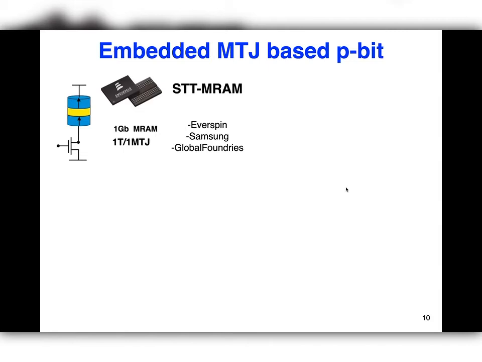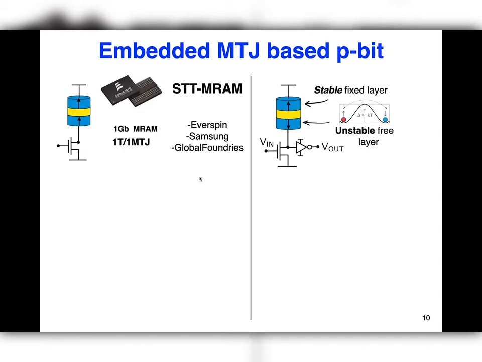The idea is, you have one of these magnetic tunnel junctions connected to a transistor, and then you have bit lines and a word line, so you can read and write to this magnetic tunnel junction electrically. This is one of the most promising emerging memories for different types of on-chip memory applications. Now, we don't want to do memory, we want to build a p-bit.